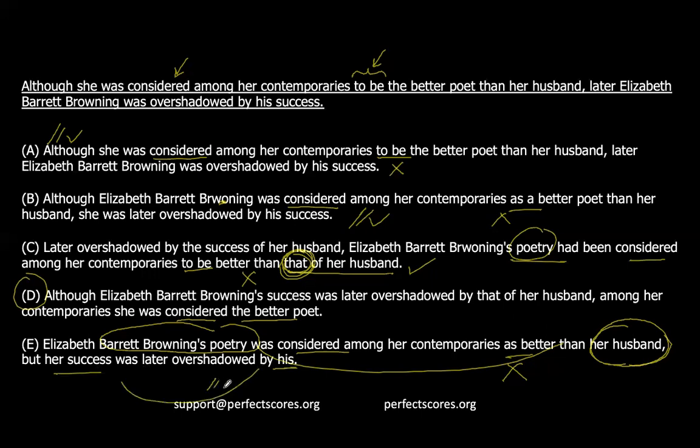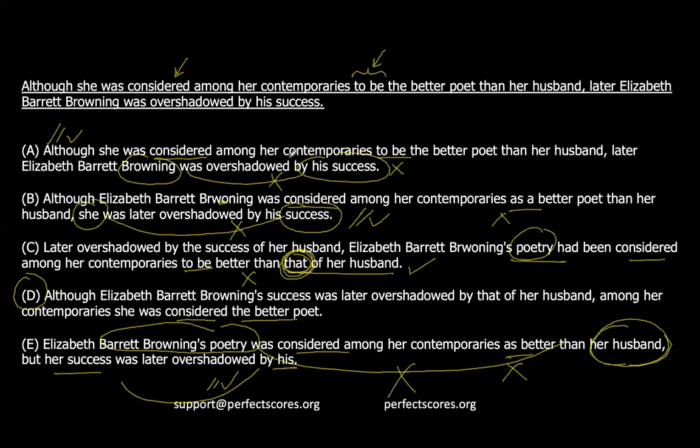Yeah, this one is fine, but this one is wrong. And even in B, if you look at "she was overshadowed by his success," there's no parallelism here. And the others, over here, Browning and his success. So there are a couple of pairs that need to be parallel to each other, and I think D is the only one that takes care of everything.